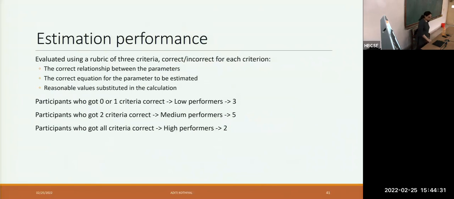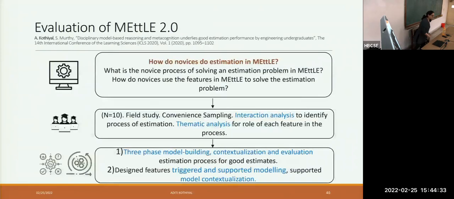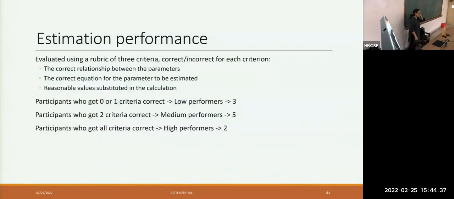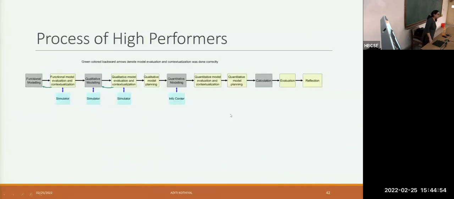Okay. So we did the studies, and we identified some patterns of interaction of the students with the system. We first characterized the performance. We had 2 high performers, 3 low performers, and 5 medium performers. We tried to see what each of these categories of people were doing within the environment.